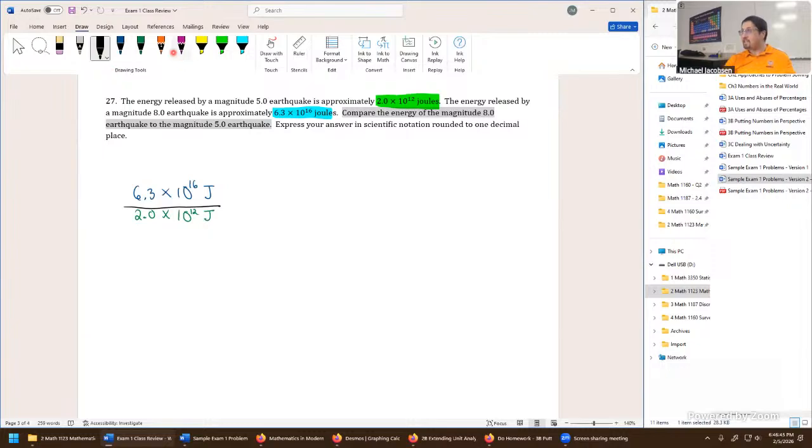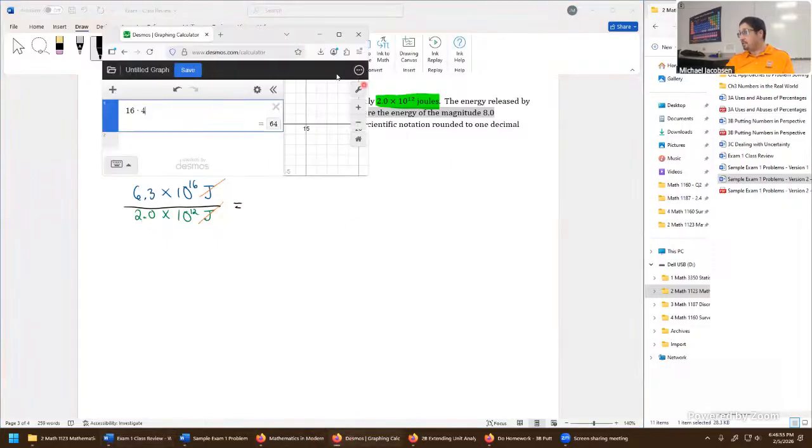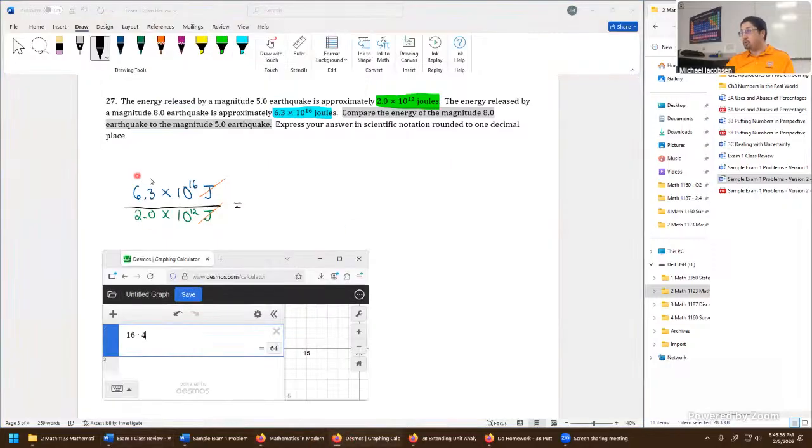So because we're doing this kind of comparison, joules will cancel out. Next thing we'll do is take the 6.3 divided by the 2.0. So we're breaking the problem down into the numerical part and then the 10 to a power part. So take 6.3, divide by 2.0 for a 3.15.